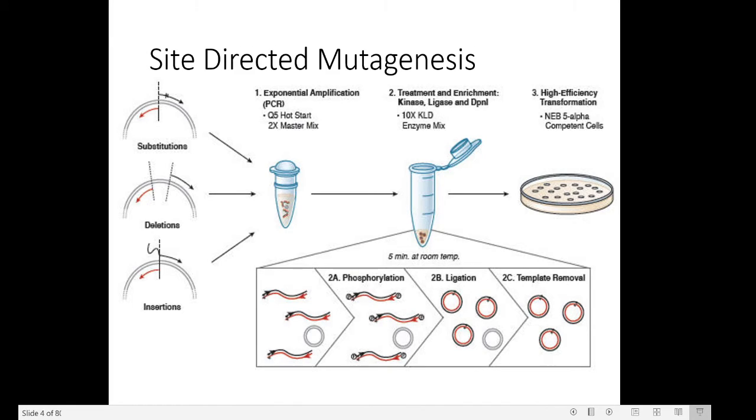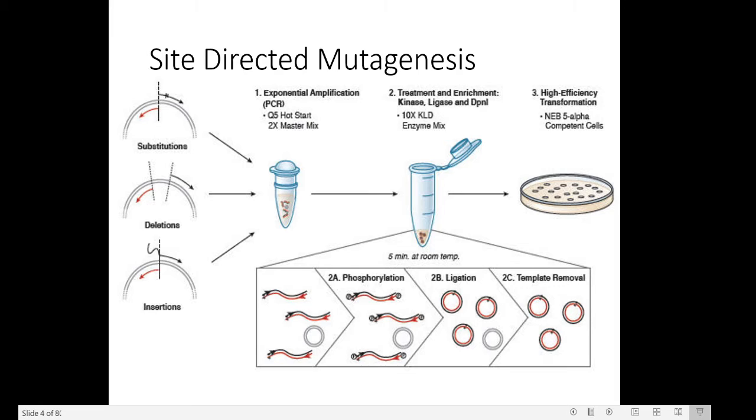So we want to get more amount of mutated fragment. We are doing amplification, PCR amplification. For that they are doing the hot start PCR. After the hot start PCR, they are receiving a higher quantity of the gene.